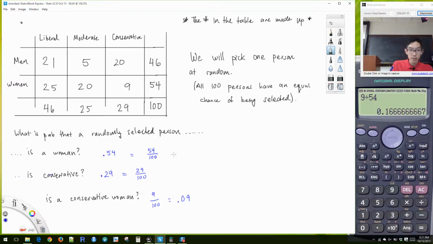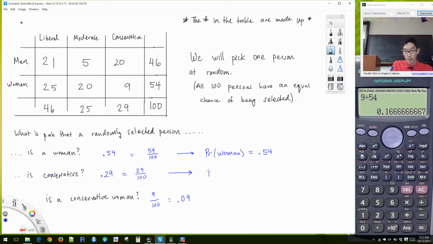Okay, so these answers I'm going to write in symbolic form. So go a little bit higher in your notes. This is going to be the probability of selecting a woman is 0.54.